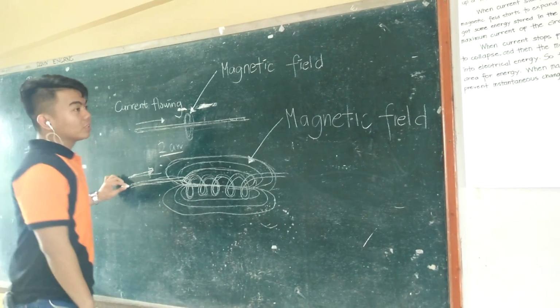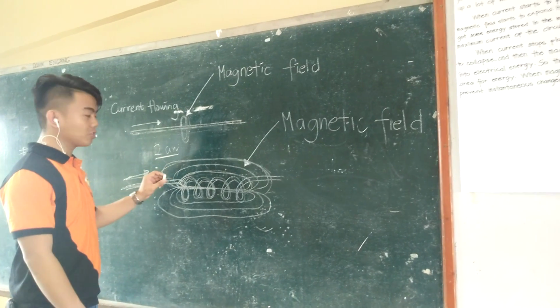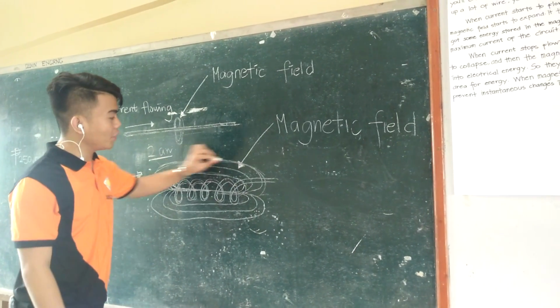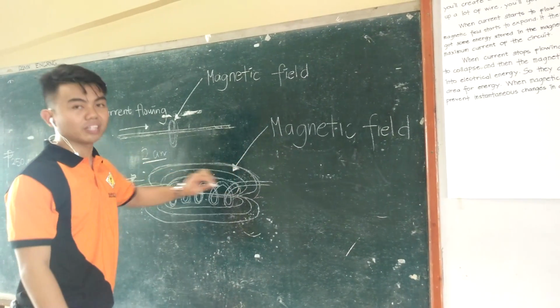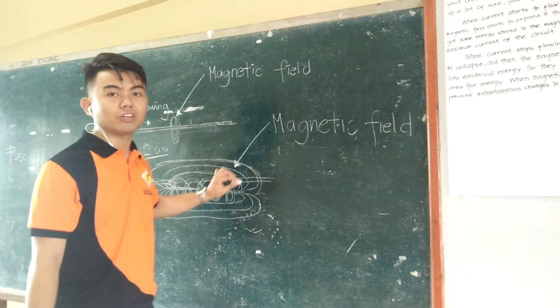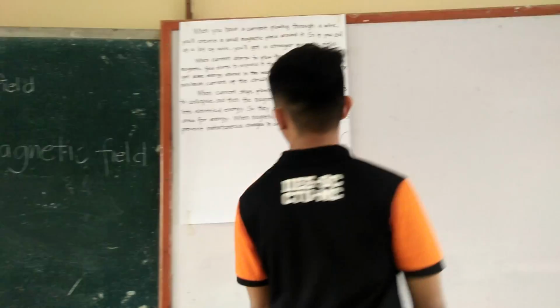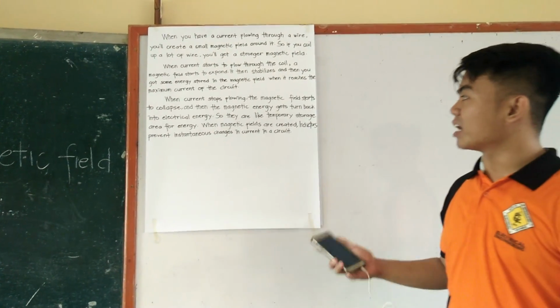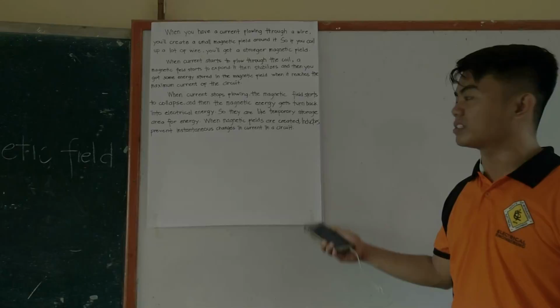If the current stops flowing, the magnetic field starts to collapse. It will slowly fade, and the magnetic energy will transform again into electrical energy. When magnetic fields are created, inductors prevent instantaneous changes in current in a circuit.